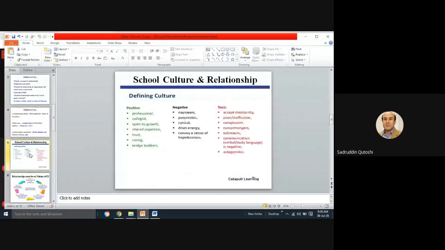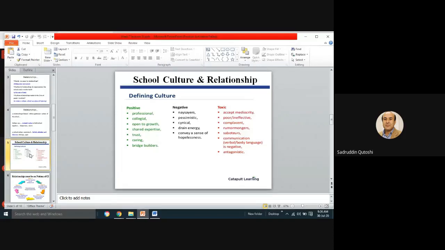So we need to understand school culture and relationship in three ways. When we define the culture, that could be a very positive culture, that could be a negative culture, and that could be a very toxic culture. Here we try to understand the meaning of a positive culture in school.